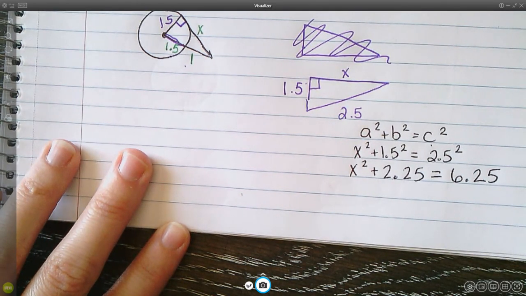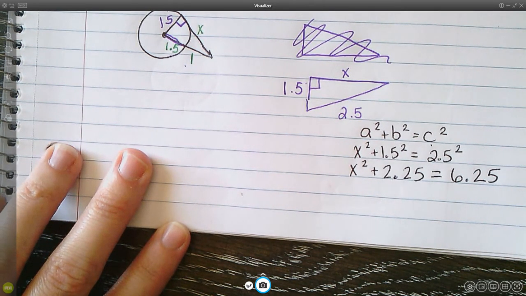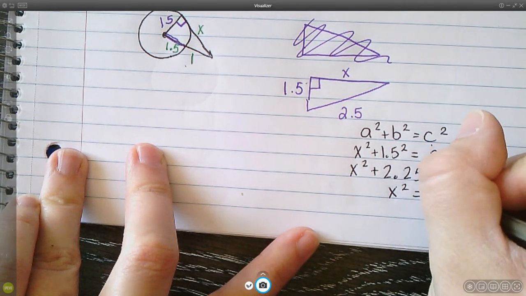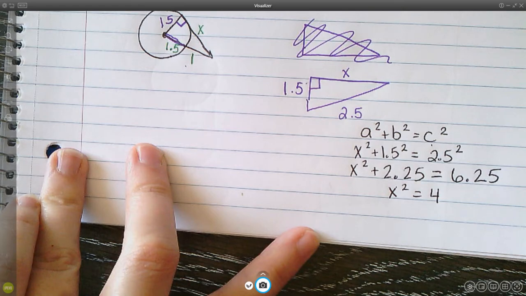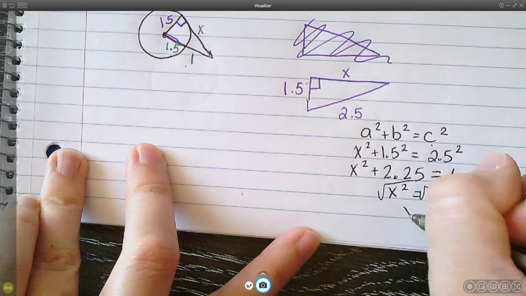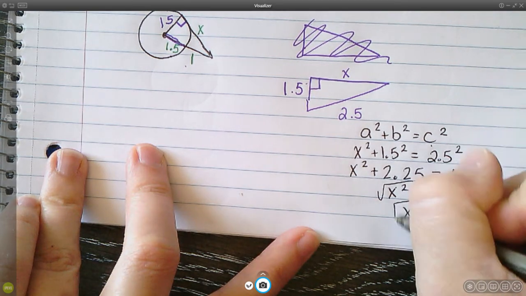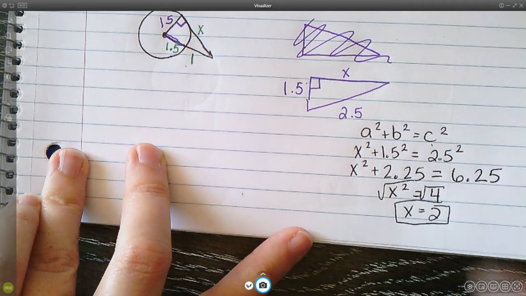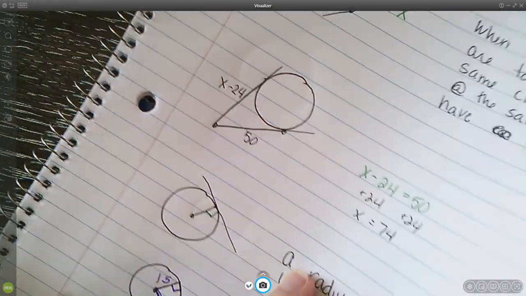You're going to subtract 2.25 from both sides, so you end up with x squared equals 4. Square root both sides, and you get x equals 2. And that's your answer. Okay, we've got another problem to do.